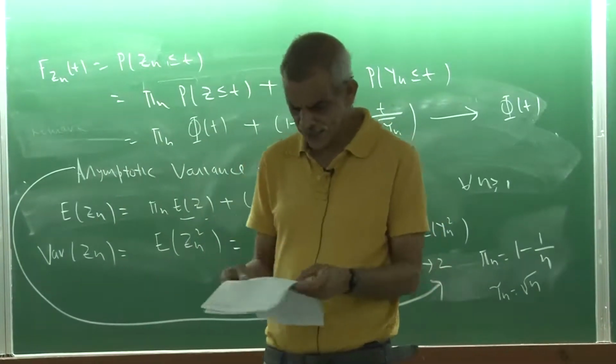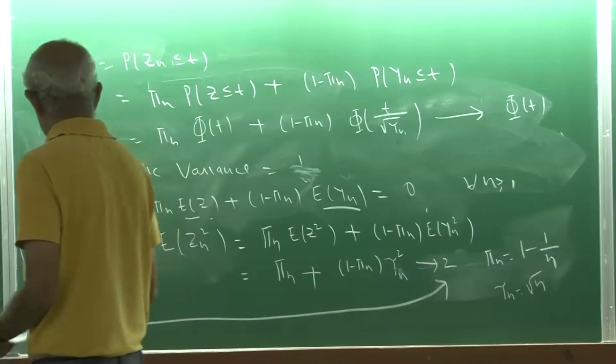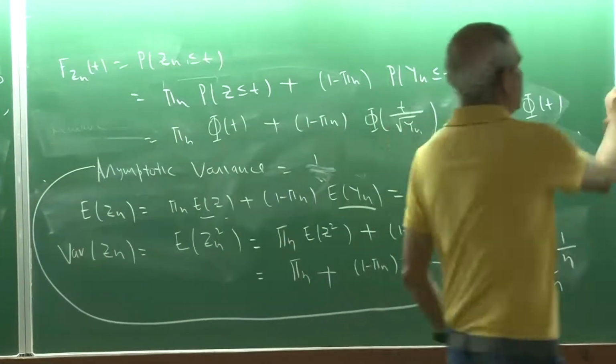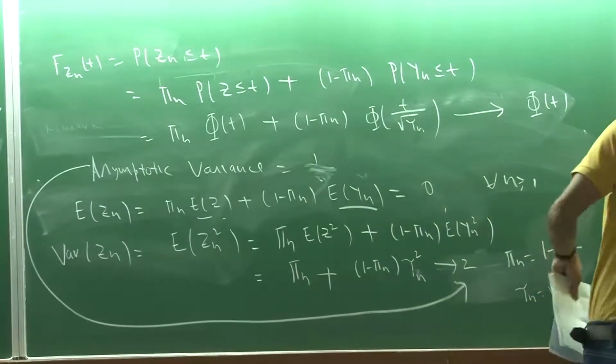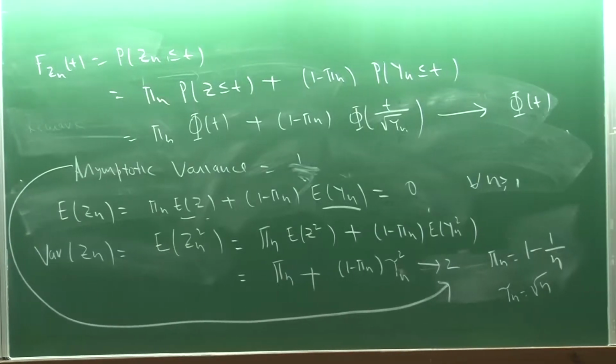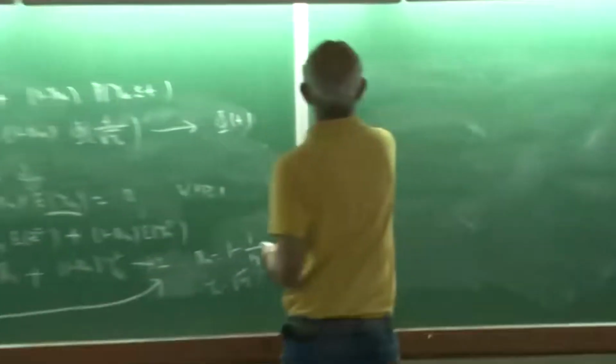So the question is, what is the relationship between the two? And this again could be a part of Fatou's lemma. Let me not prove that result, but let me just state it.